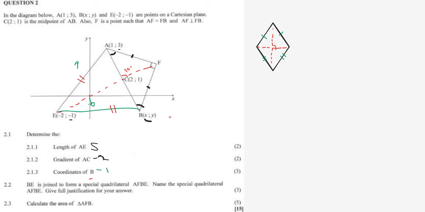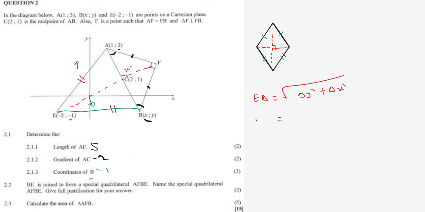Okay, let's do the maths. So we're looking at distance EB. EB is equal to the root of change in y squared plus change in x squared. Simple.